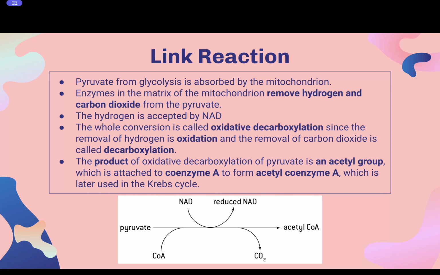The pyruvate from the glucose is absorbed by the mitochondrion. Glycolysis occurs in the cytoplasm, and then it gets absorbed into the mitochondrion. Enzymes in the matrix of the mitochondrion will remove the hydrogen and carbon dioxide from the pyruvate to convert it into an acetyl group.